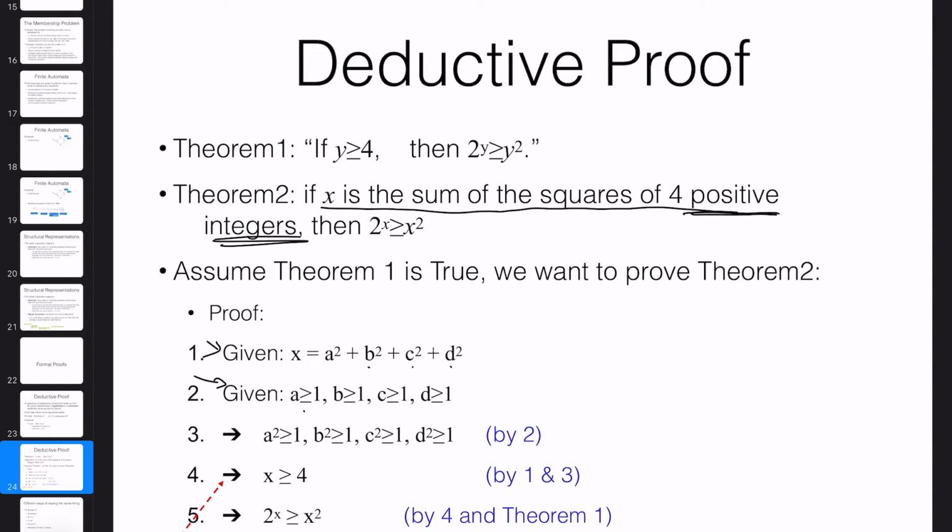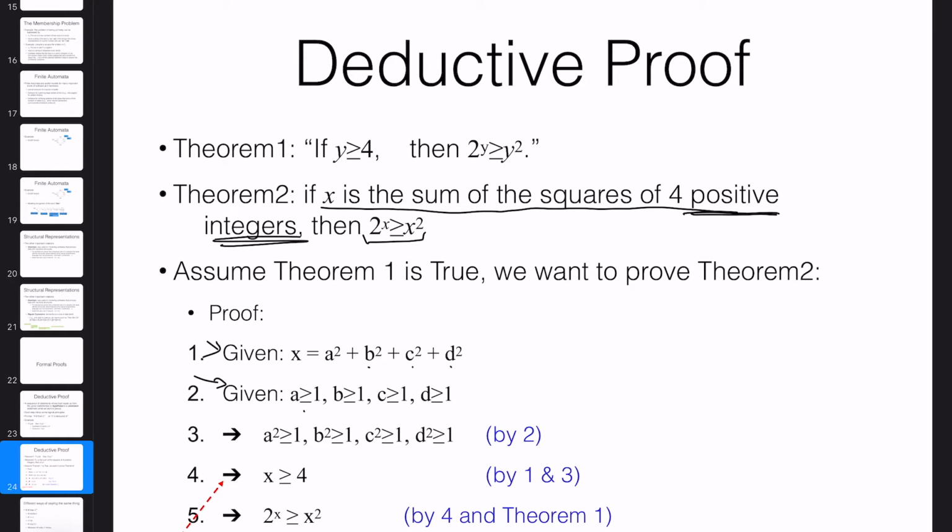We know that they are true because we want to go from knowing that they are true to proving that this statement is true. So if A is greater than or equal to 1, B is greater than or equal to 1, and also C and D, one thing I can conclude is that A power 2, the squares of all these numbers, are going to be greater than or equal to 1 as well, right?